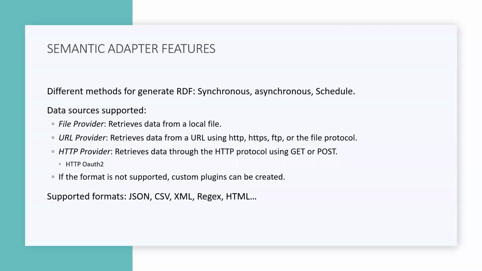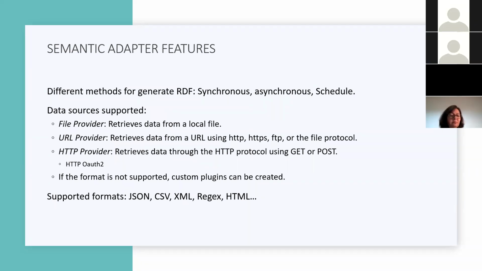Different data sources are supported, such as files, URLs, HTTP, and if the data is not supported, you can create custom plugins. And the supported formats are JSON, CSV, XML, RegEx, HTML, among others.